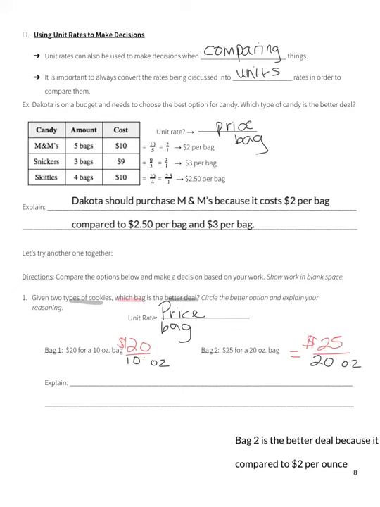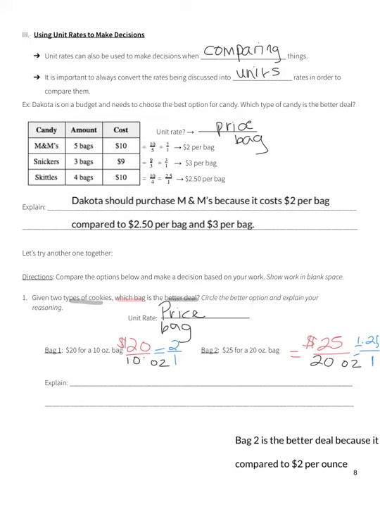So I go ahead now, I've set up my ratio, and I'm going to go ahead and divide. 20 divided by 10 is equal to 2 over 1, and 25 divided by 20 is equal to 1.25 over 1.